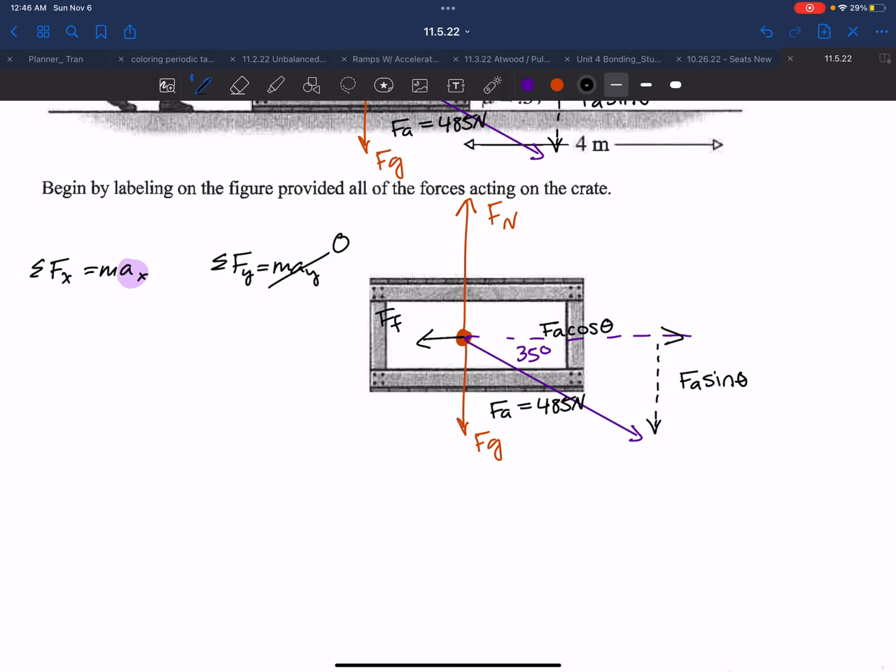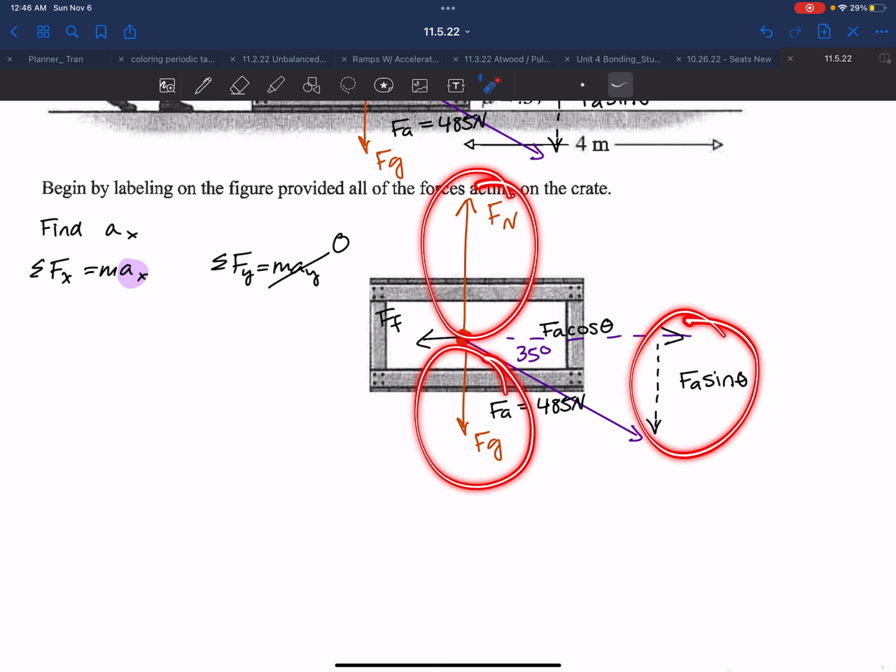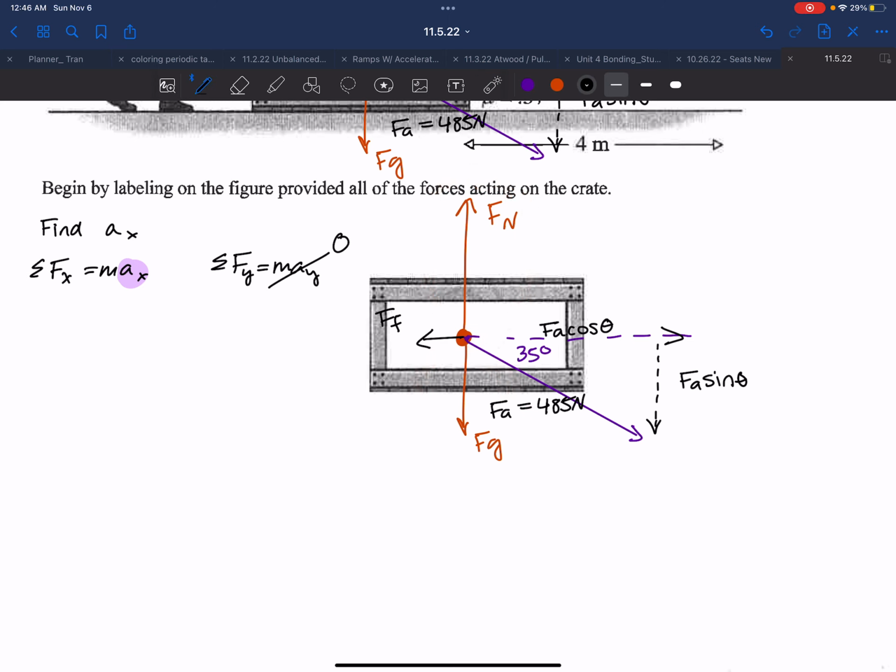So I'm going to find A of x. So my forces in the x direction: force of friction, force applied. Y direction: force normal, F of g, F_A sine theta. So let's do that.